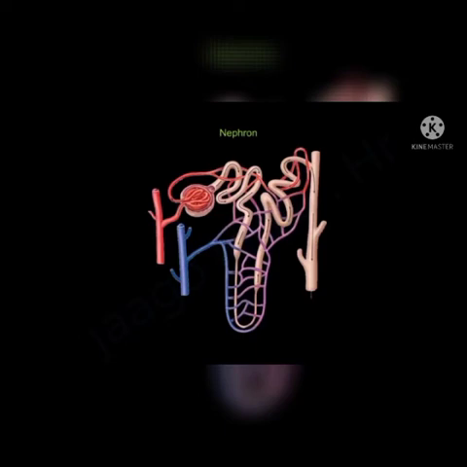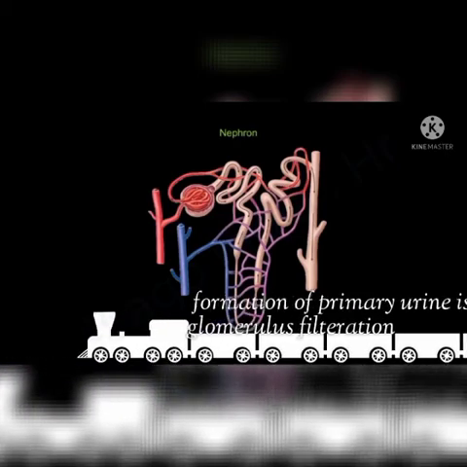As a result, the glomerulus acts as a filtration unit, and the waste materials along with some amount of water and useful substances are filtered out and enter into the Bowman's capsule through the pores which are present between the podocyte cells, and this process is called glomerular filtration, and the filtrate which is obtained is called primary urine.